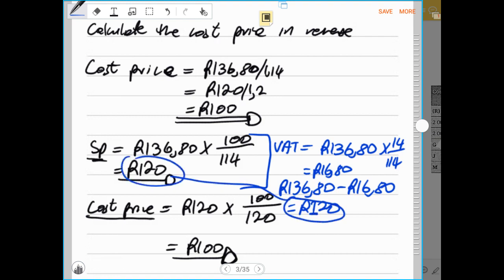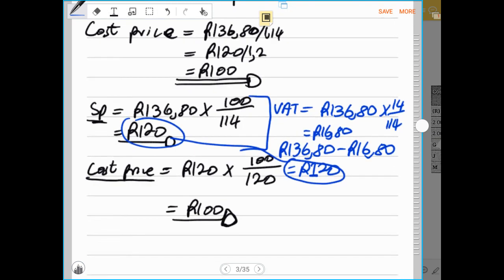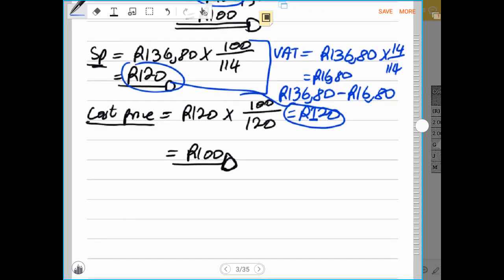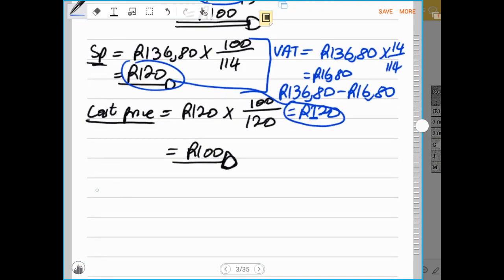Even if you decide to just divide, that will still be the very best approach, because if you divide, you get this 120, which is the same selling price. However you do it, guys, it does not matter. Again, let me show you how you can divide.